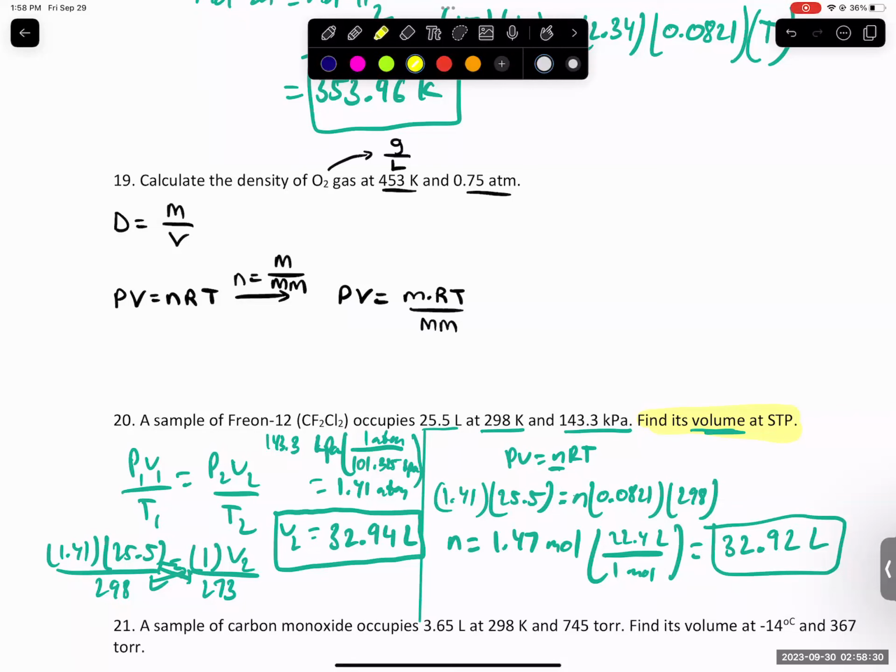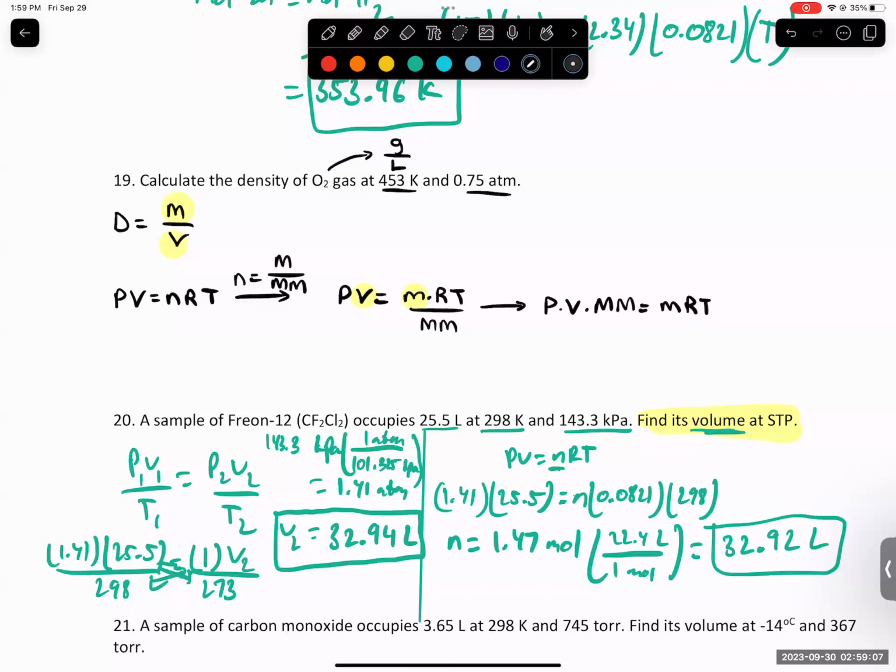But now look what we have here. Density equals mass divided by volume. Now we have mass and volume in the same equation. So how could we find density? If we want to solve for M over V, that means we have to isolate those to one side. If we multiply both sides by molar mass, we get P times V times molar mass equals MRT.